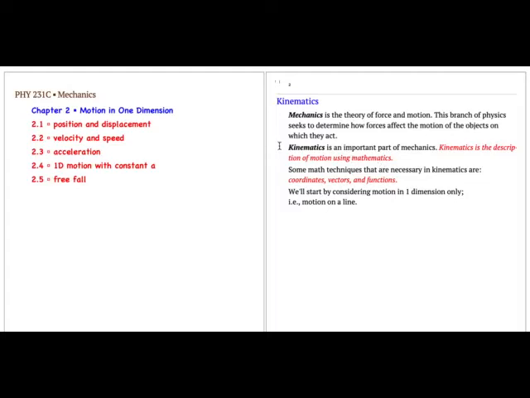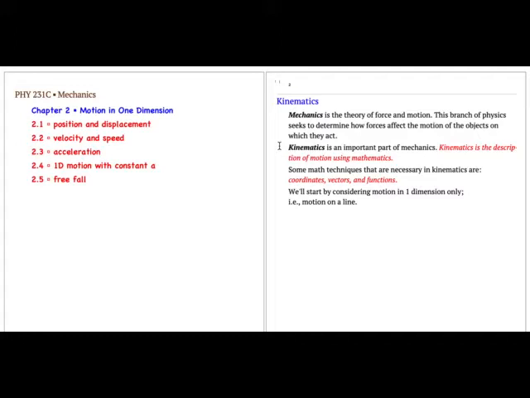Physics is a mathematical subject, and it always has been since the very beginnings of the science of physics. And it's quantitative. So physics is concerned with equations that describe some phenomenon.